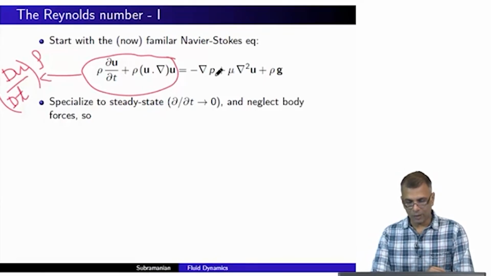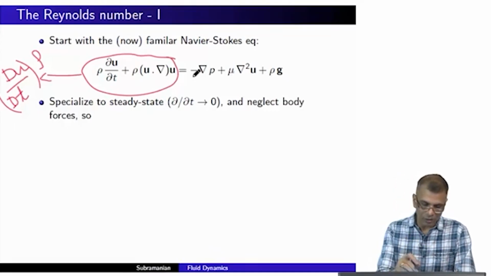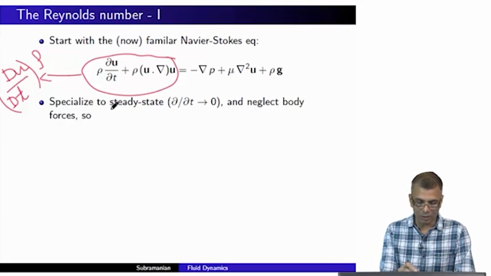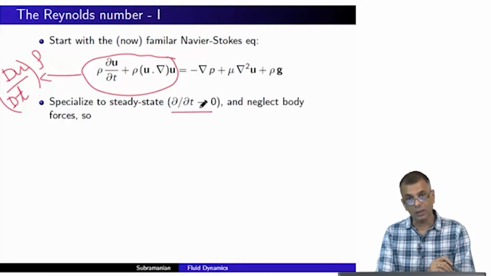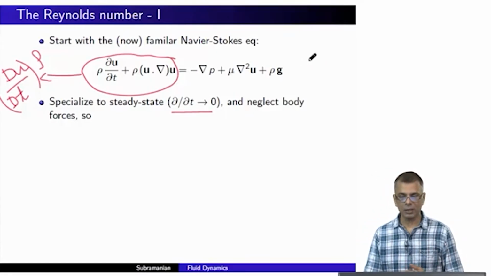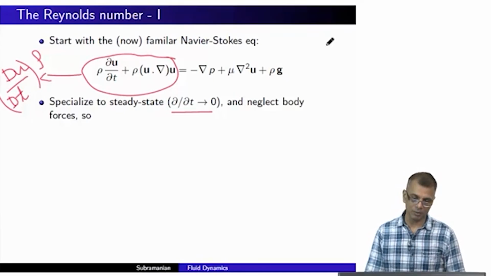Now, having written it this way, there's an advantage. We can specialize to steady state situations, which is to say partial d partial t is equal to 0. In other words, an observer in the lab frame does not see any explicit time dependence.